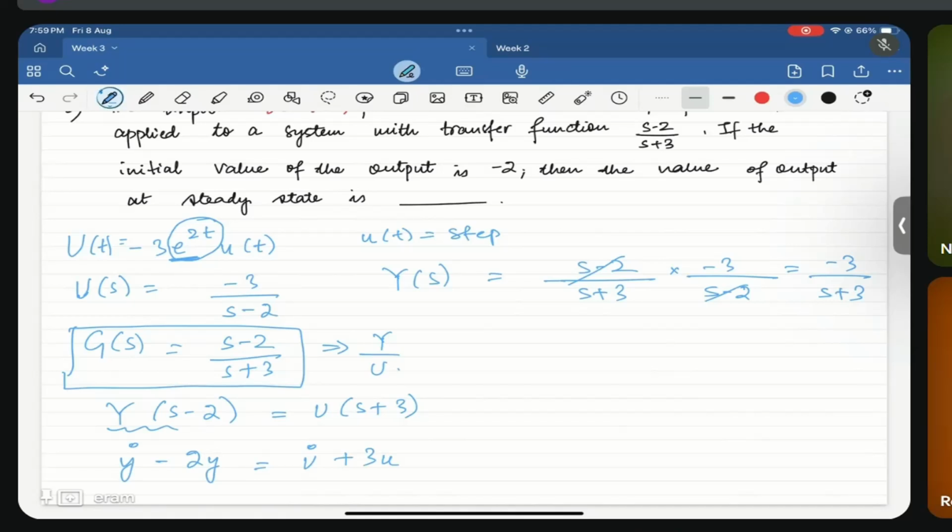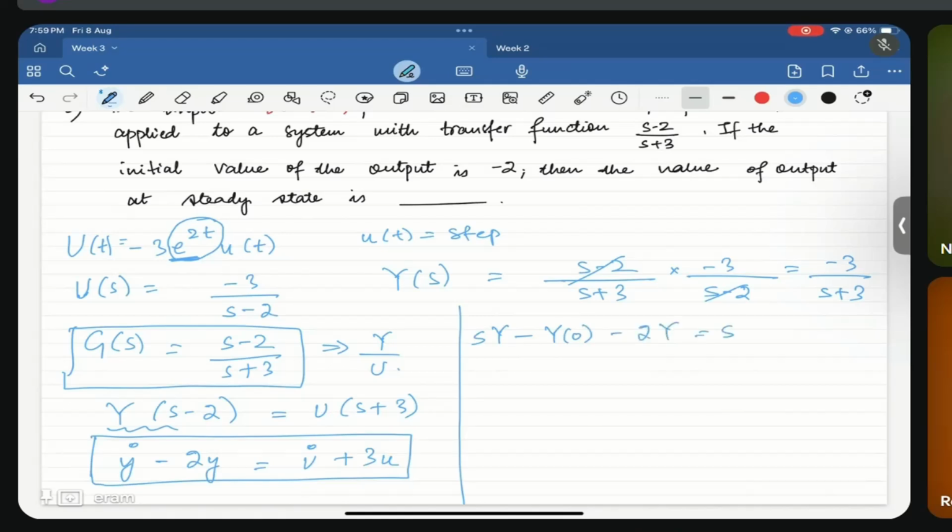Now do the Laplace transform without putting the initial condition to be 0. What would be the Laplace transform of this one? It will be sY minus y0 minus 2Y, and it is sU minus u0 plus 3U.